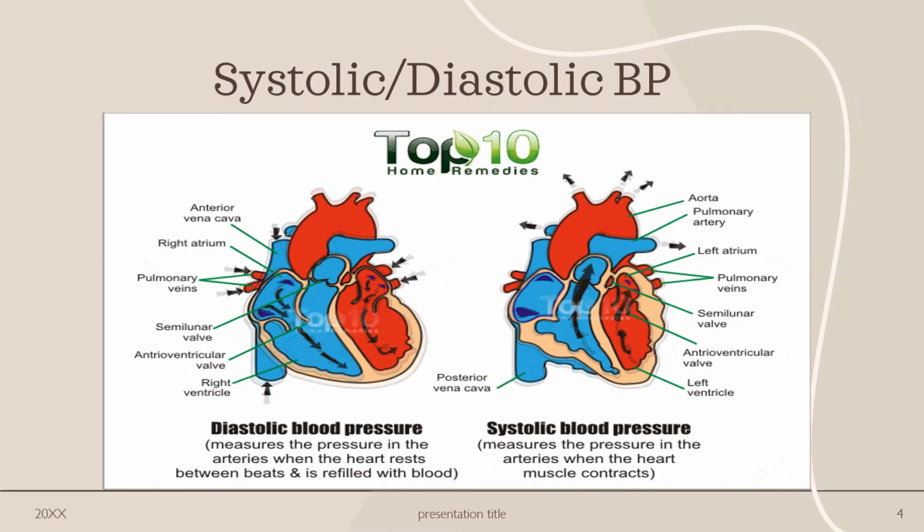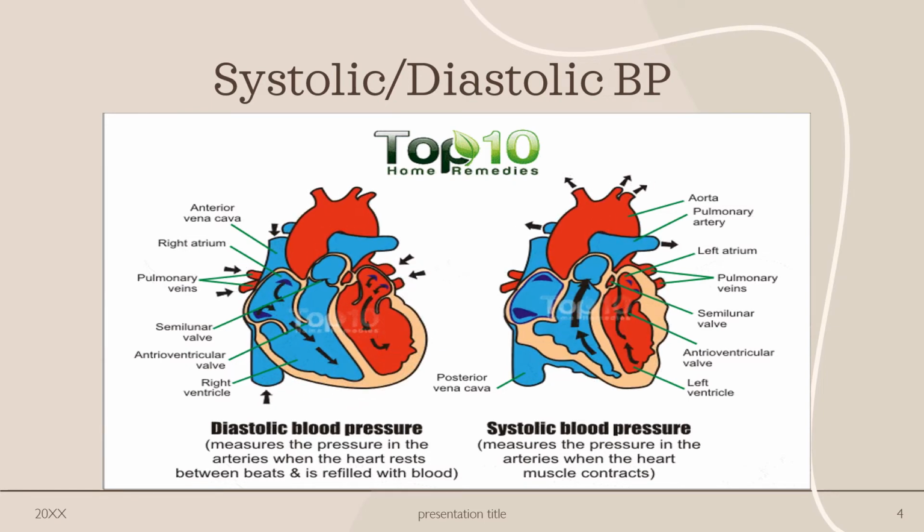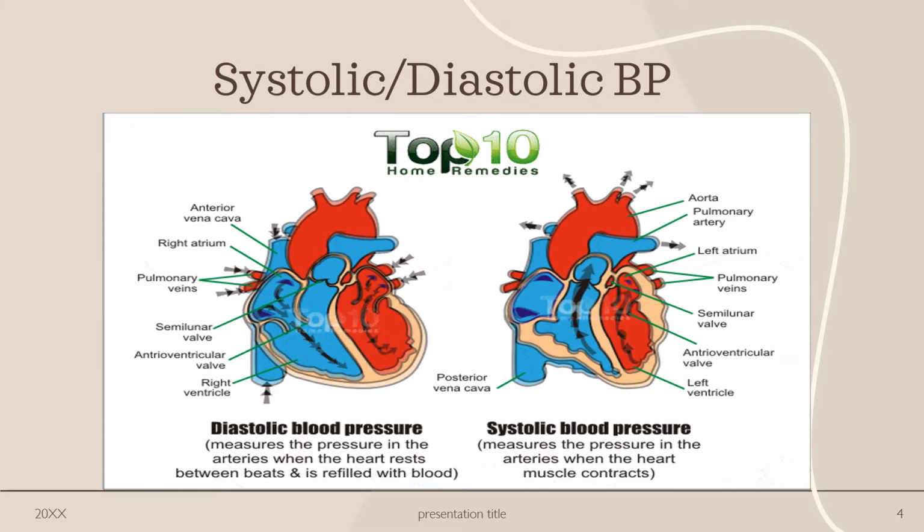A major measurement of cardiovascular system's ability to transmit blood through the body is blood pressure, or BP. Blood pressure, as many know, contains 2 numbers, the top number and the bottom number.